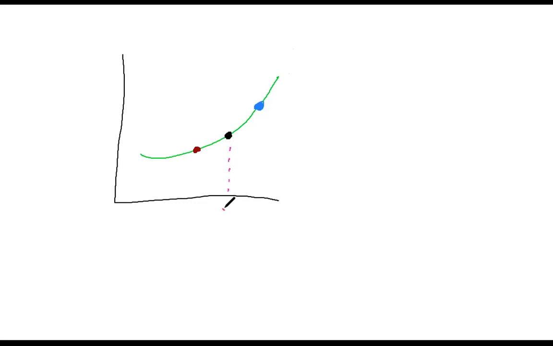Labeling points here, I have point x here, and this point here is a little bit farther along, so I'm going to call it x plus delta x. So delta x is this distance.